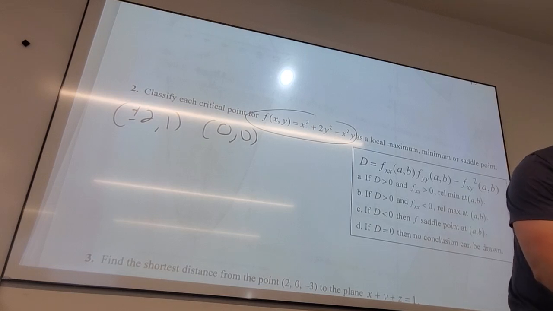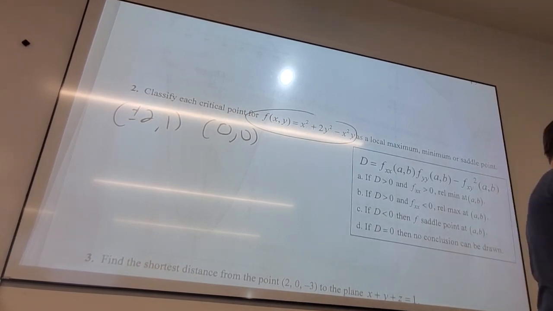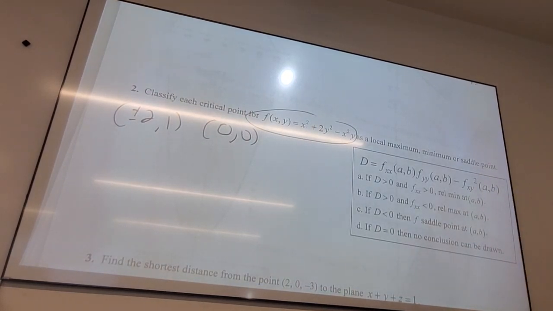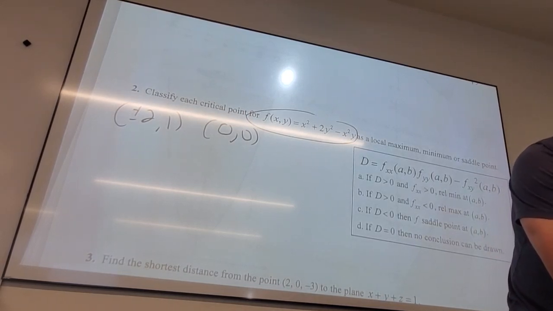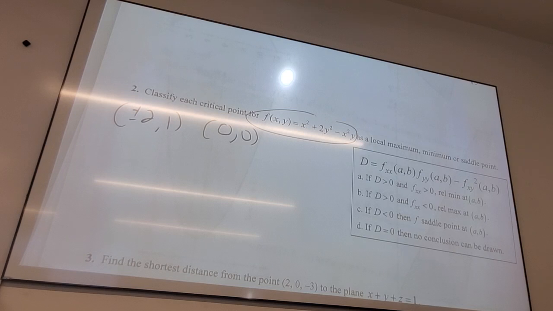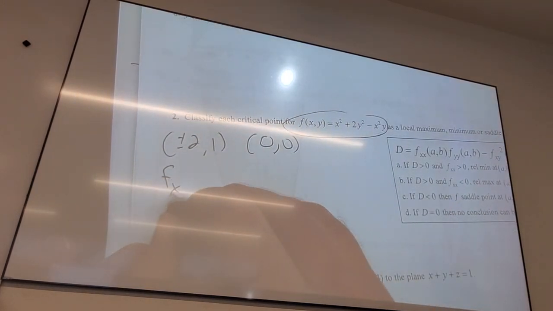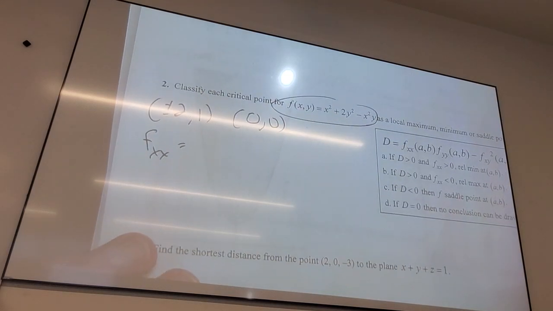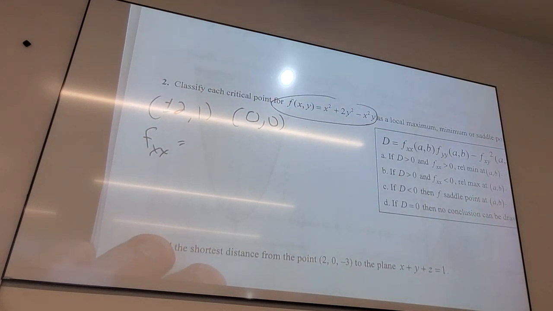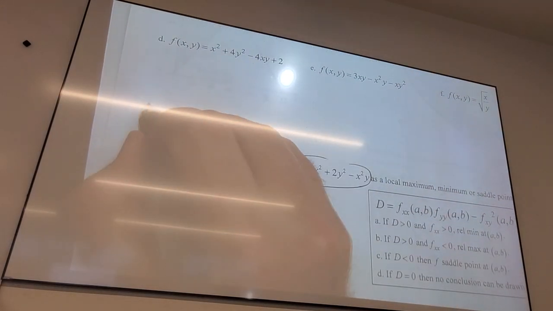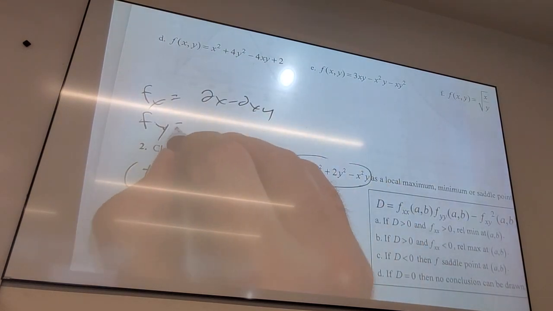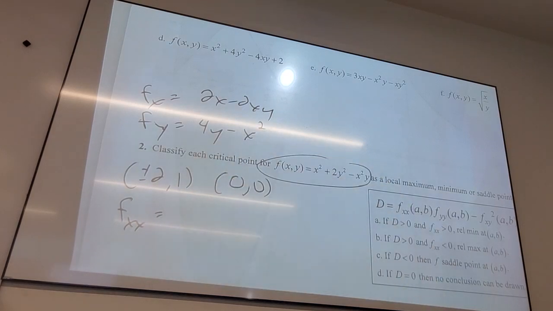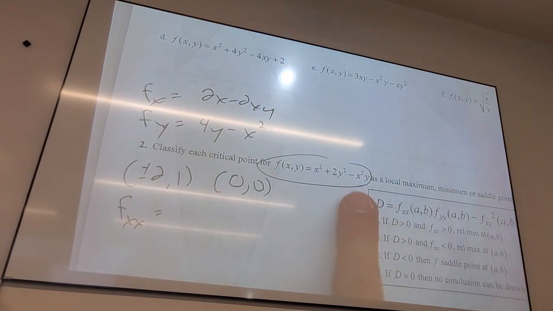Oh, it's right here. This isn't too evil. Just to put up here what these were again: fx was this, and fy was this. Okay, so that was from the problem dealing with this guy.